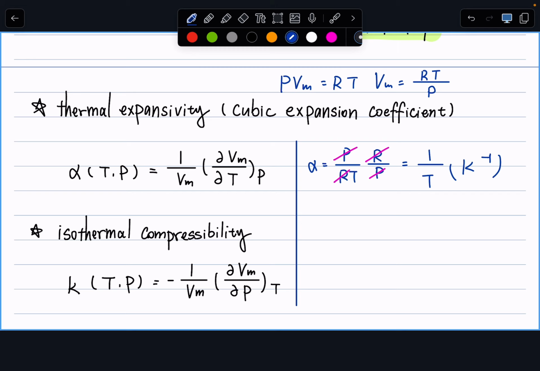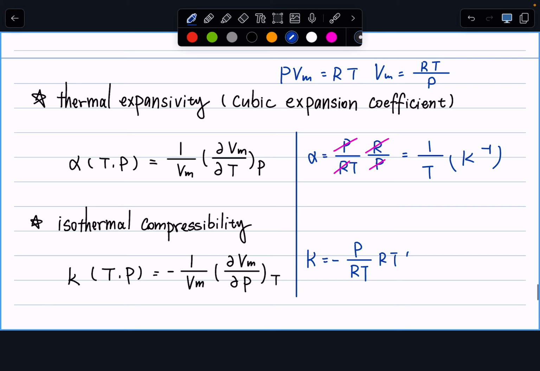And then for our isothermal compressibility, we have chi. So that equals negative 1 over Vm, so again, P over RT, and then we're taking the partial derivative of Vm over P. So we have RT comes out as your constant times negative 1 over P squared.